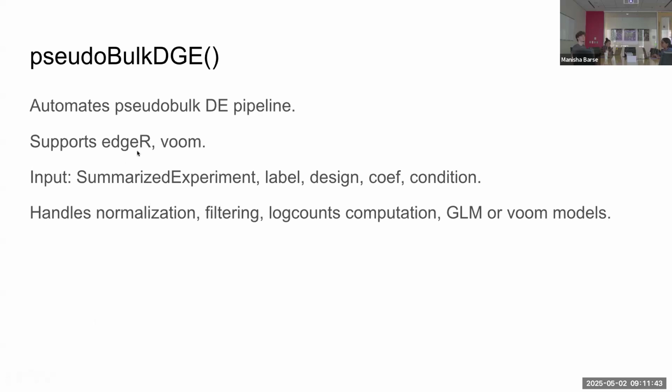It supports two methods, edgeR and voom. And for the input, we give a SummarizedExperiment, the different labels, design, coefficient, and condition. And as I mentioned, it handles the normalization, filtering, and log counts.